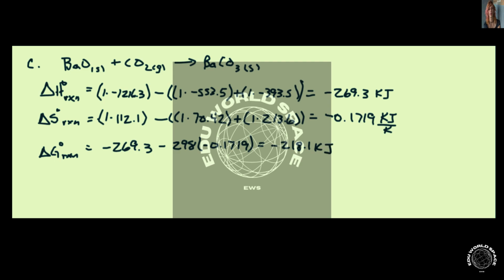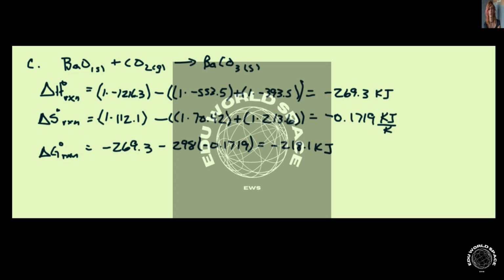So again, you could have used the delta G thermodynamic data of those formations to come up with a value for the Gibbs free energy of reaction, and the answer might be slightly different than what we get using delta H minus T delta S.